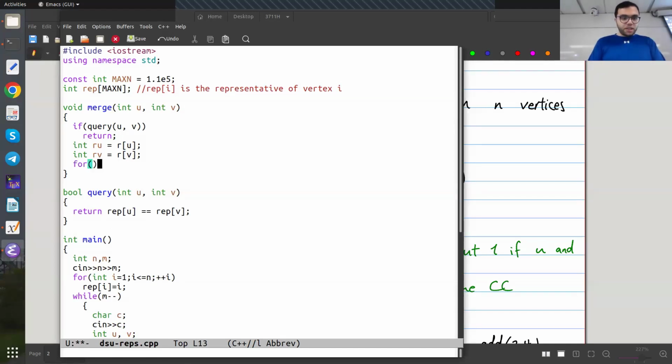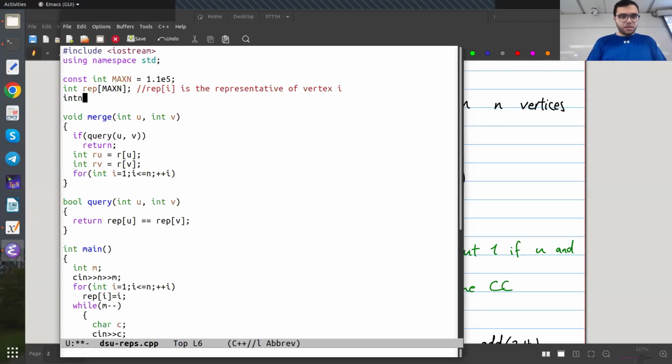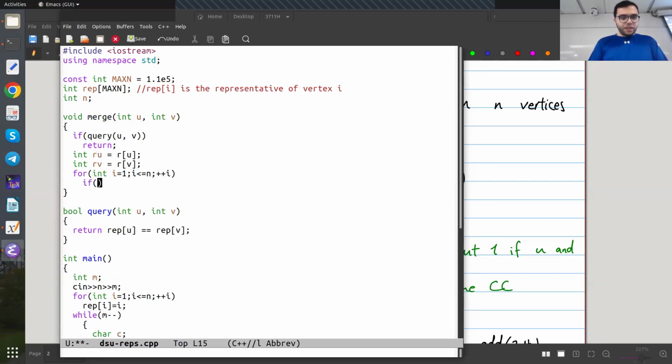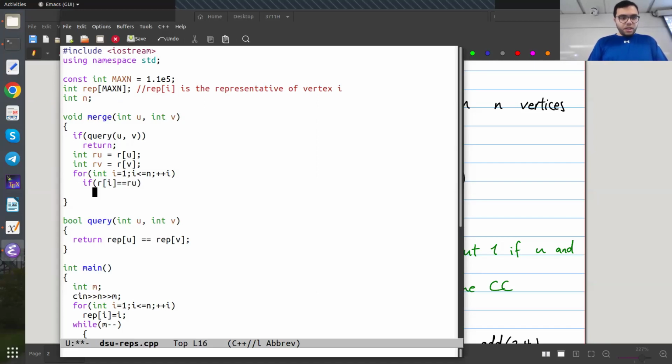So I'm just going to say for every i from 1 to n, I just realized my n is not global. So let me put my n here. For every i from 1 to n, if the representative of vertex i was RU, I just say the representative of vertex i becomes RV.